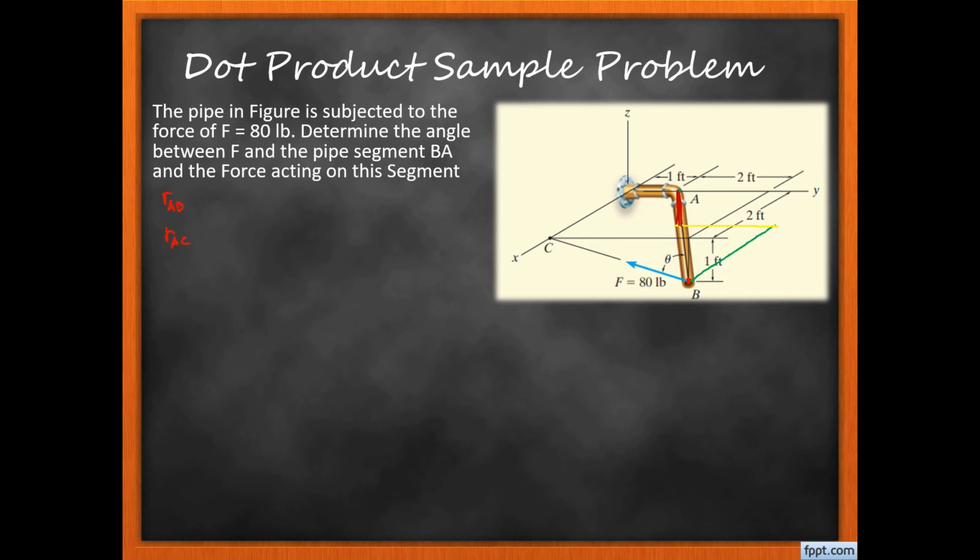So meron tayo rito negative 2, and then we have another negative 2, and we have positive 1. Ibig sabihin yung position vector natin from B to A yan. So gagawin natin yan.